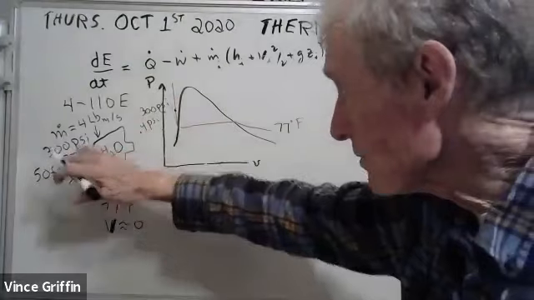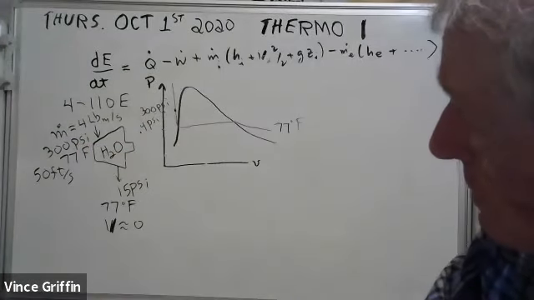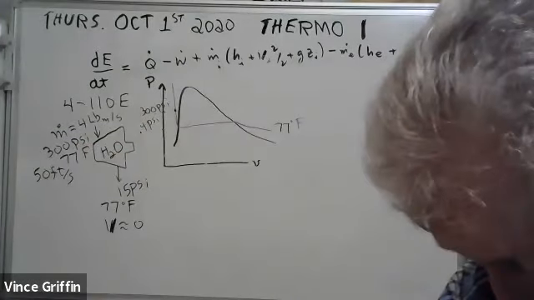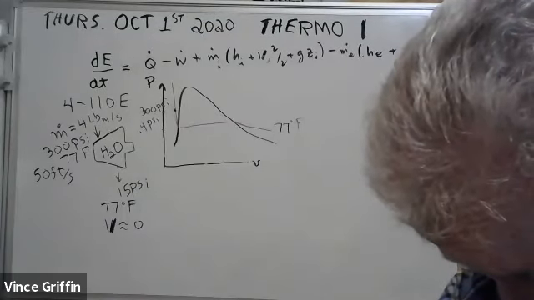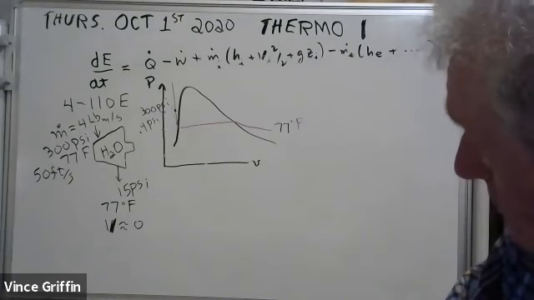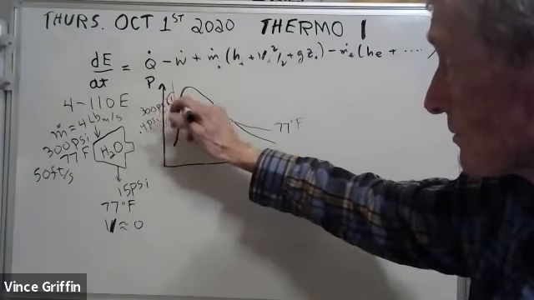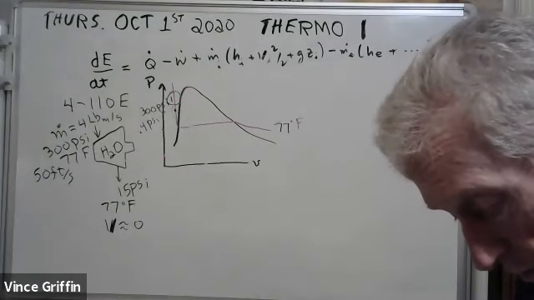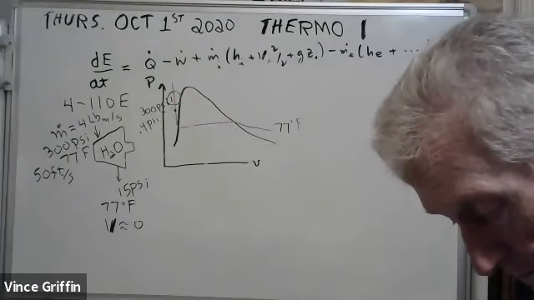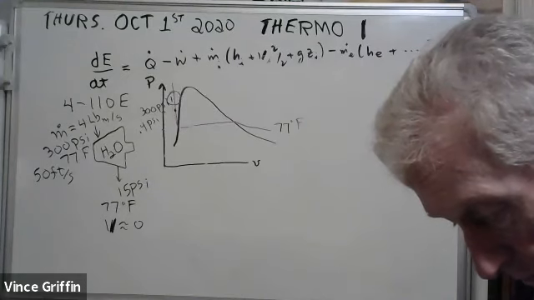They said 300. Am I reading all this right? I think so. So I guess state one is compressed liquid, huh? What do you think? Do they have a compressed liquid table here? I don't think they do for Fahrenheit. I'm looking.